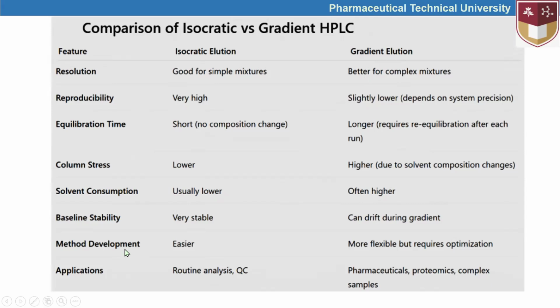Method development is easier in isocratic, and in gradient elution it is more complex because optimization is required. Isocratic elution can be used for routine analysis, but for the quantification and identification of different compounds in the composition of extracts, for example, gradient elution is necessarily used. So we can use gradient elution for pharmaceuticals, proteomics, complex samples, and others.